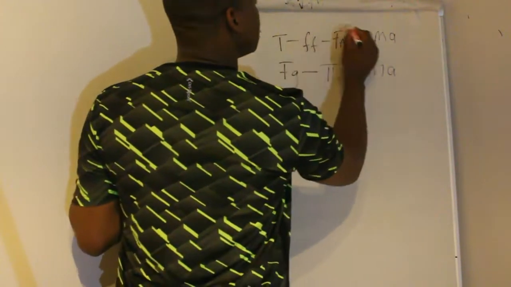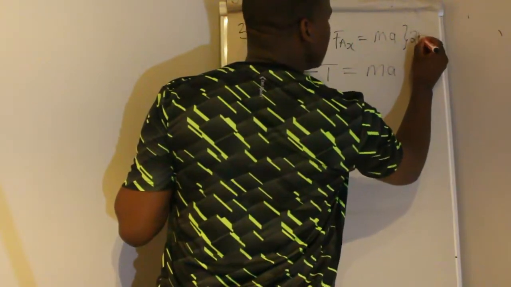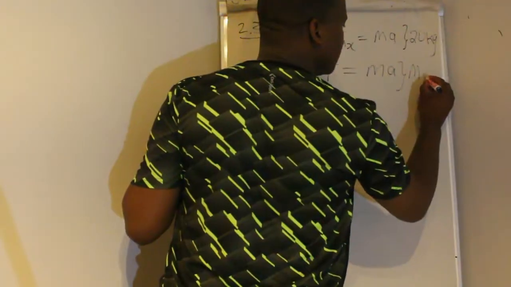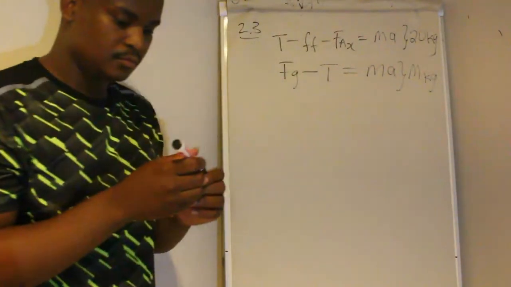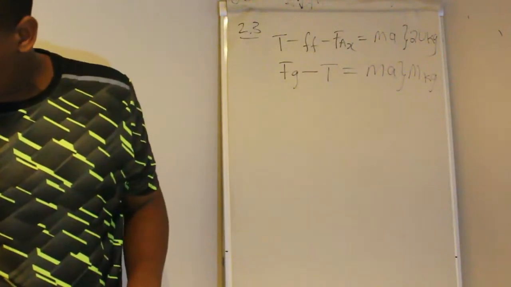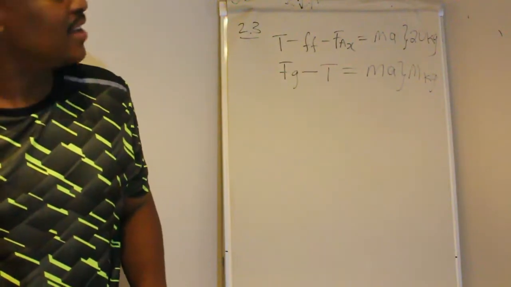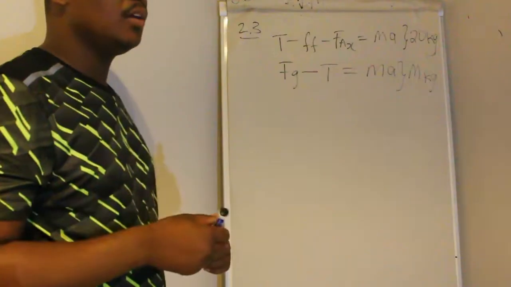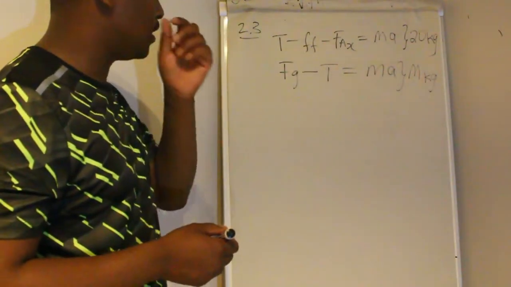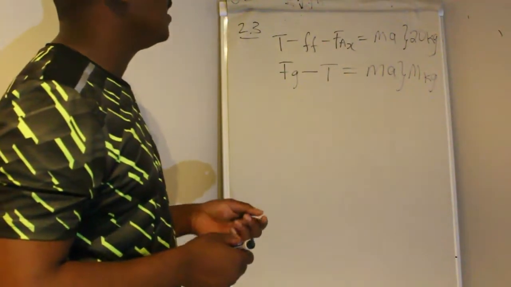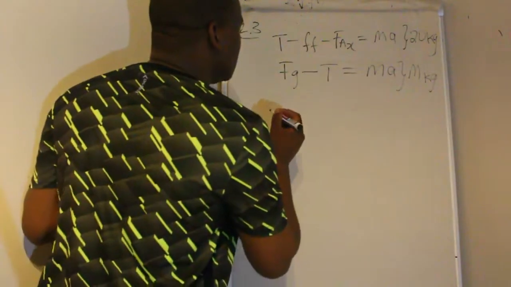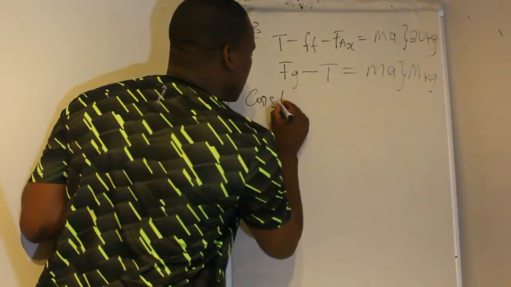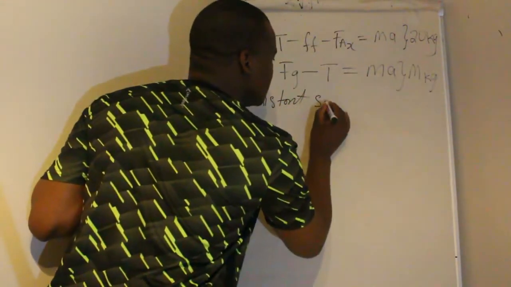The first one is for the 20 kg block, and the second one is for the m kg block. What I would like you to keep in mind here is that you were told in the question that the system is moving at a constant speed.